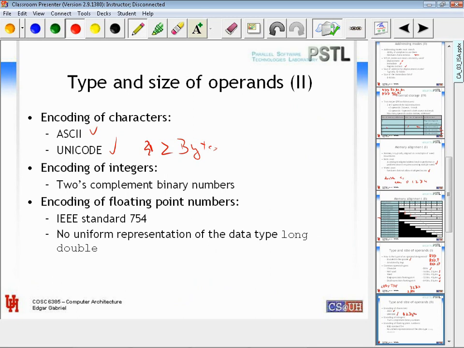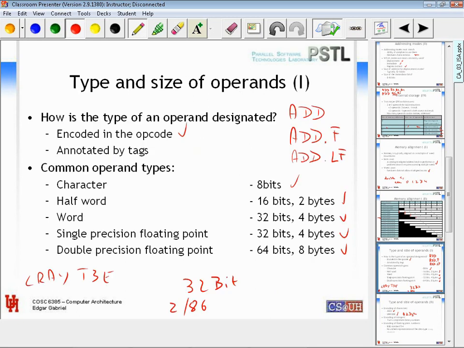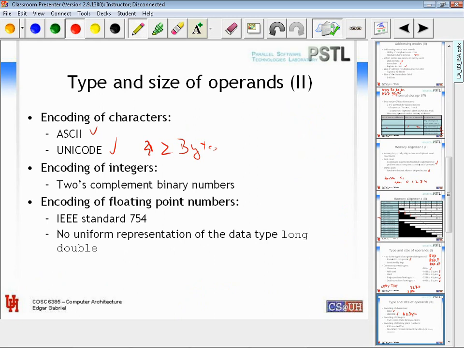How are floating point numbers encoded? What does the encoding actually mean? The encoding means how you interpret the 32 bits available for, let's say, a single precision floating point number. You will have somewhere the notion that one part represents the exponent and one part represents the mantissa.